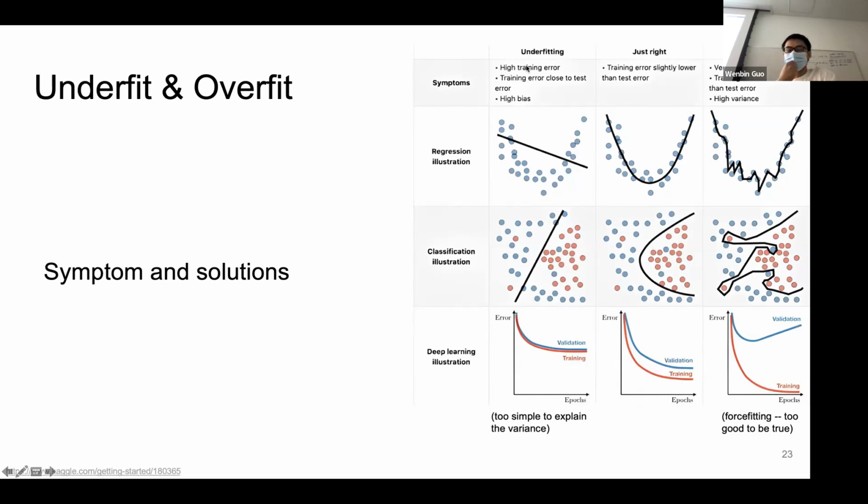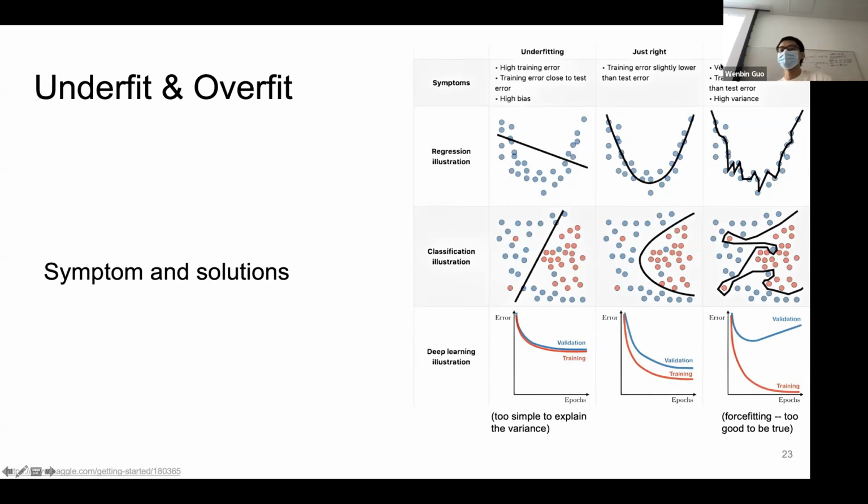Underfitting, as we said, has a high training error, and the training error is also very close to the test error because it doesn't learn well. It also has a high bias, which is similar to the high training error. Overfitting is the opposite.